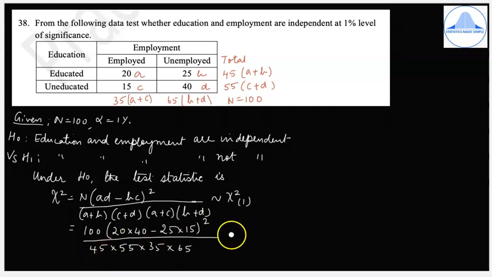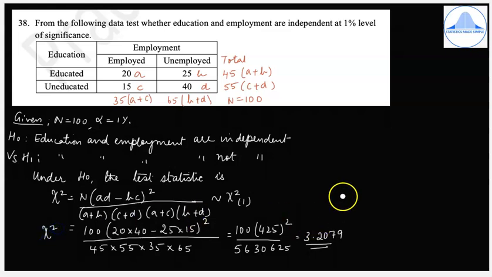When we simplify this, we get 100 into 425 the whole square divided by 56 lakhs 30,625. On further simplification, we get 3.2079. So chi-square is equal to 3.2079.